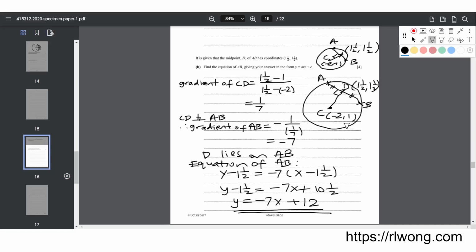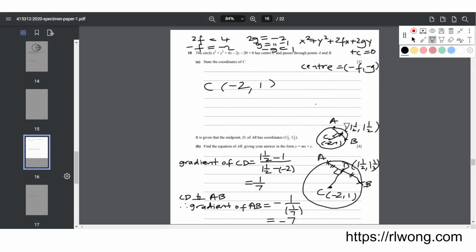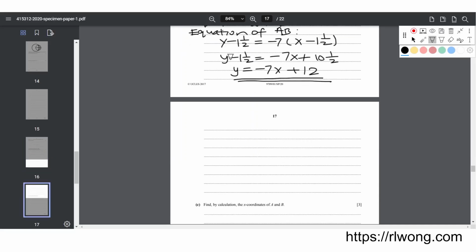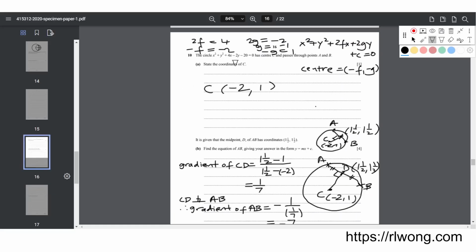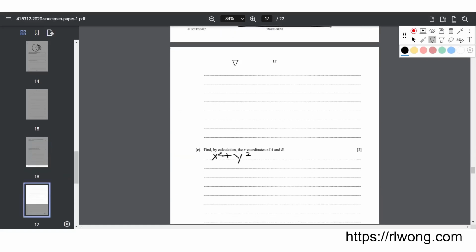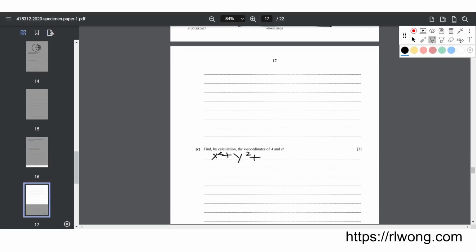And whenever you're finding points of intersection, you solve simultaneous equations. So I'll label this equation x squared plus y squared plus 4x minus 2y minus 20 equals 0 as equation 1.